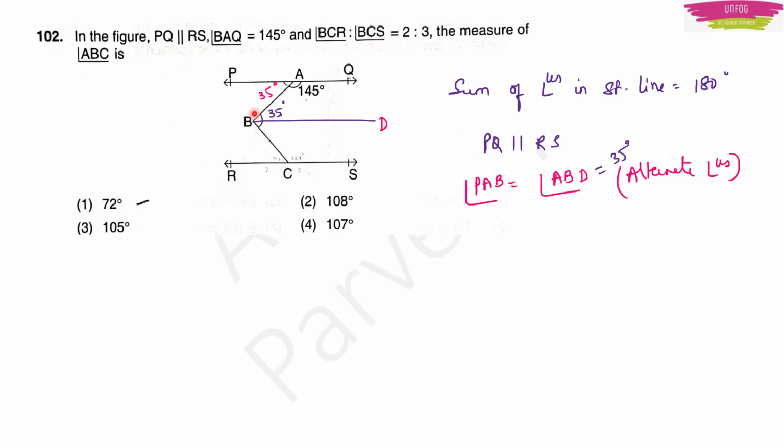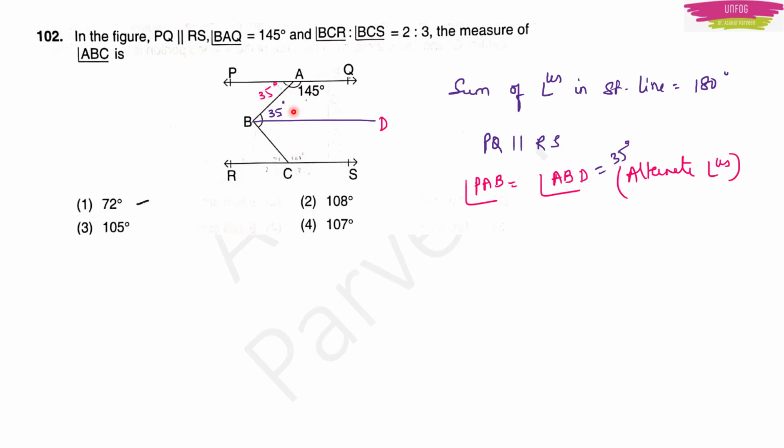At that time you understand that there are alternate angles. Because this angle is 145 degrees, this will become 35 degrees, because the sum of the angles on a straight line is 180 degrees, right? This is the alternating angles concept, so angle ABD also will become 35 degrees.